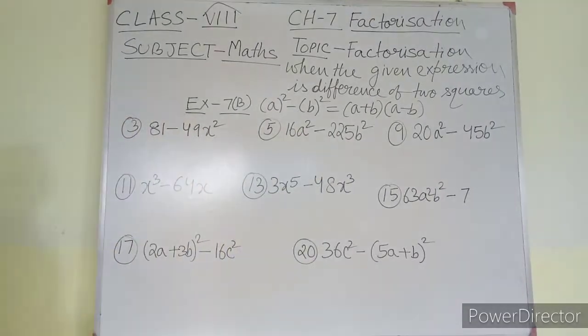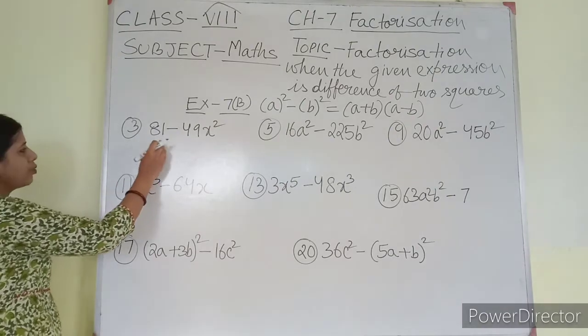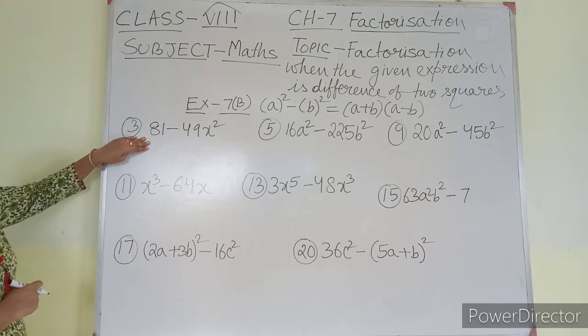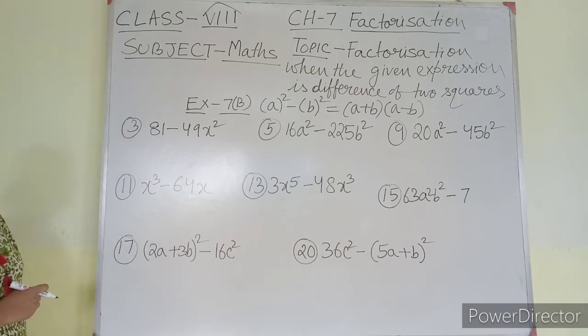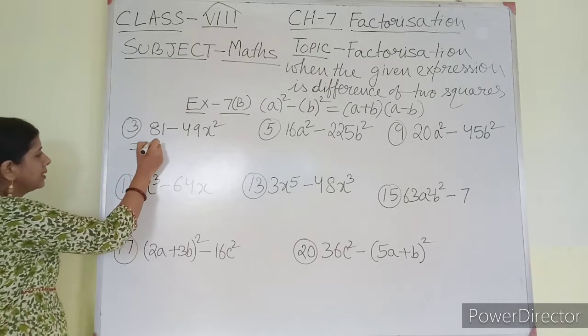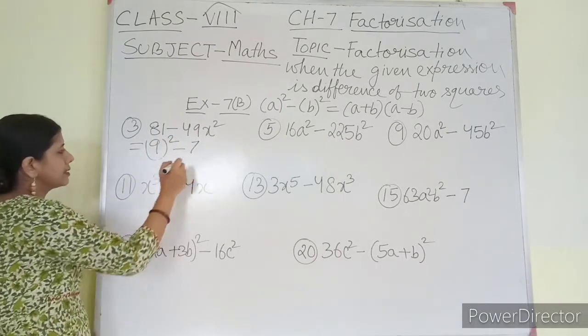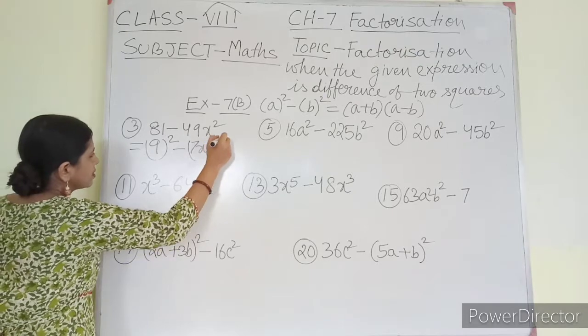So let us start question number 3. 81 minus 49x square. I have to convert it into the form of a square minus b square. So 81 means 9 square, minus 49x square means 7x whole square.